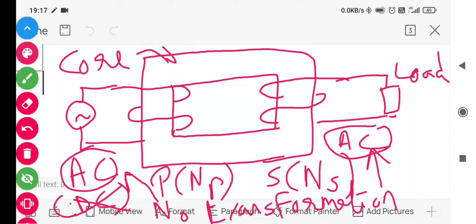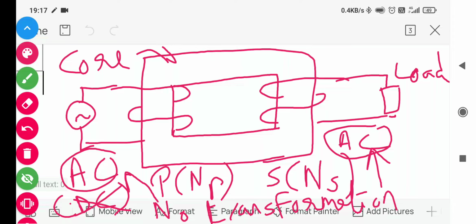So what is it? Remember that in case of a transformer, there is a transformation of energy. The waveforms we are checking are basically showing the voltage profile or current profile.